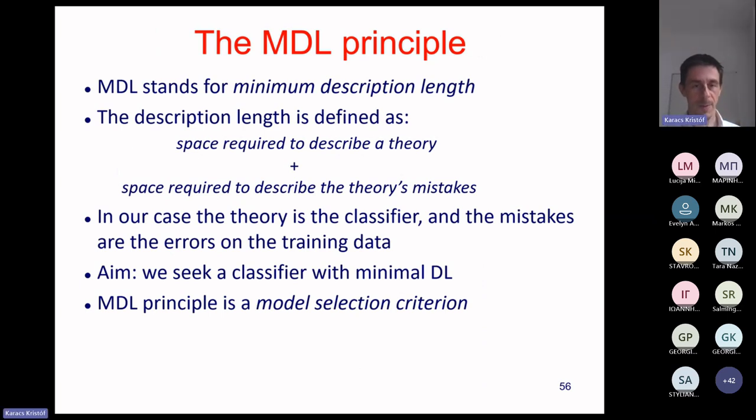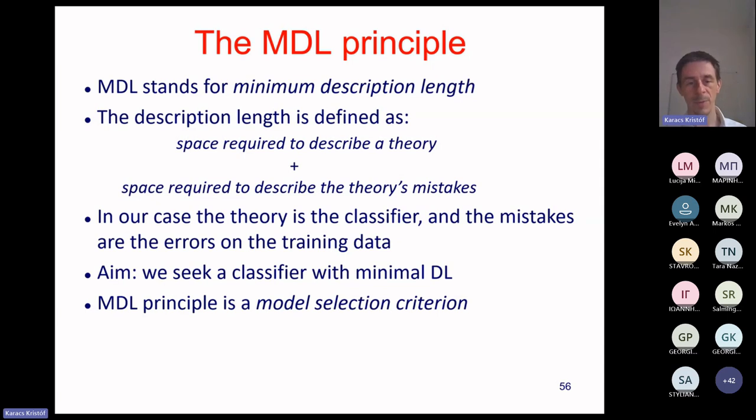The machine learning principle behind this is called the MDL principle, which stands for minimum description length. We can define it as the space required to describe a theory or a model, plus the space required to describe the theory's mistakes.